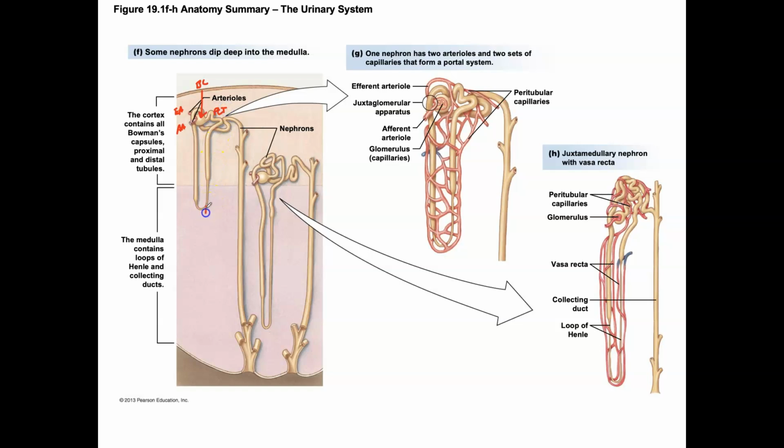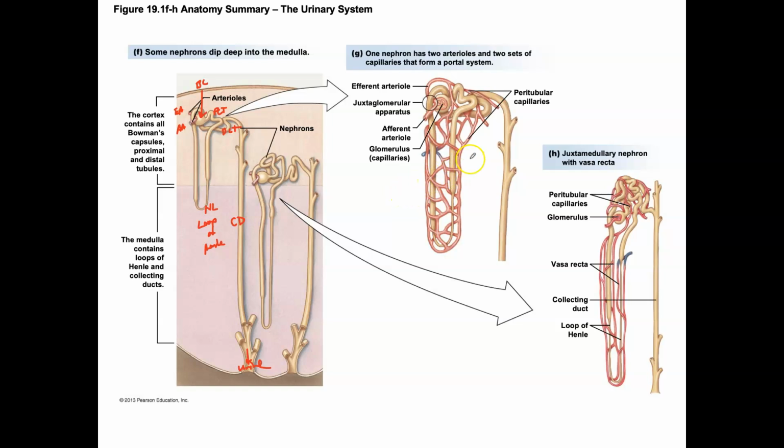We have the nephron loop, also called the loop of Henle. Connected to the loop of Henle is the distal convoluted tubule, and that connects to the collecting duct, which is where urine is being collected. Then that goes into your calyces and your renal pelvis, and eventually into the ureter.